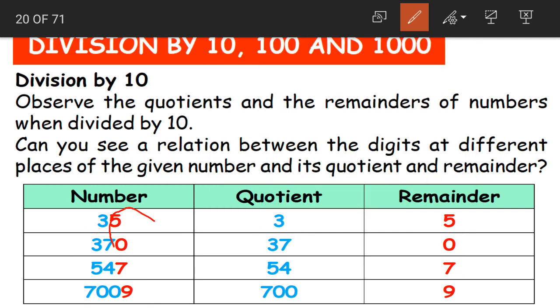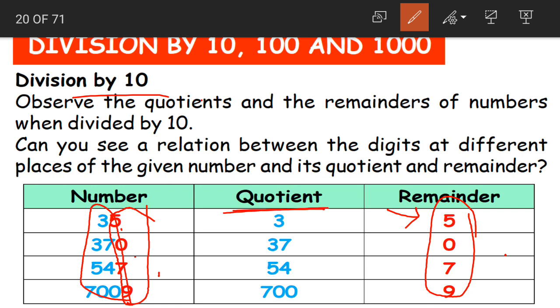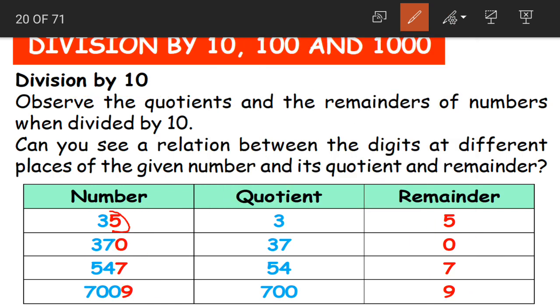The last one digit of the number is becoming the remainder here. Yes, the last one digit of the number is left as the remainder when divided by 10 and the remaining digits to the left are our quotient. Yes, children, see in 35 the last digit 5 is the remainder and the digits to the left of this are the quotient.